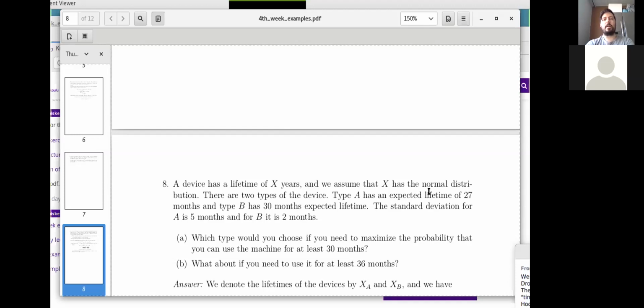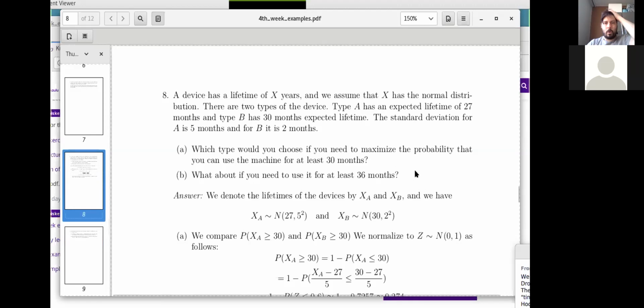So that's why in question A you don't have to calculate anything. You can use this to justify that A has an expected lifetime shorter than 30 months, so it's got less than 50% chance of reaching 30 months. So B is better. And that's legitimate, and that's fine.